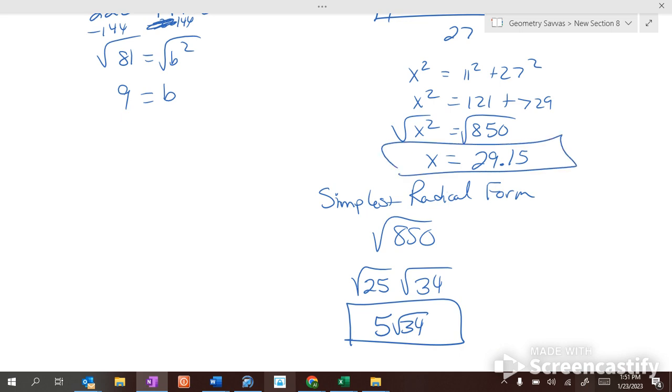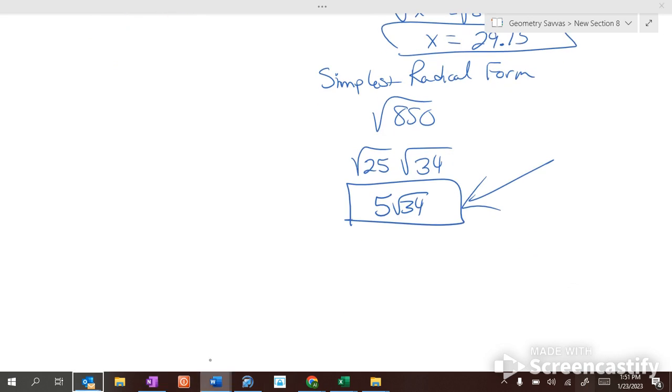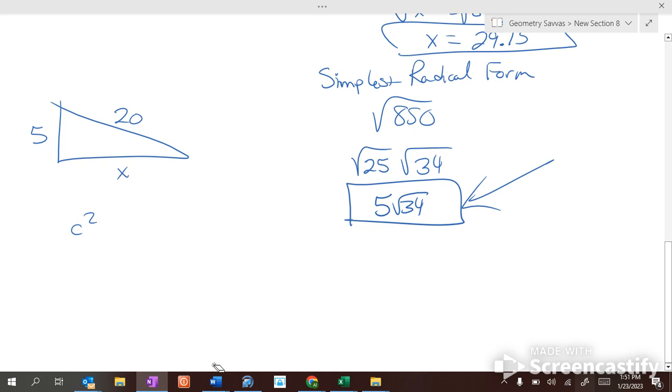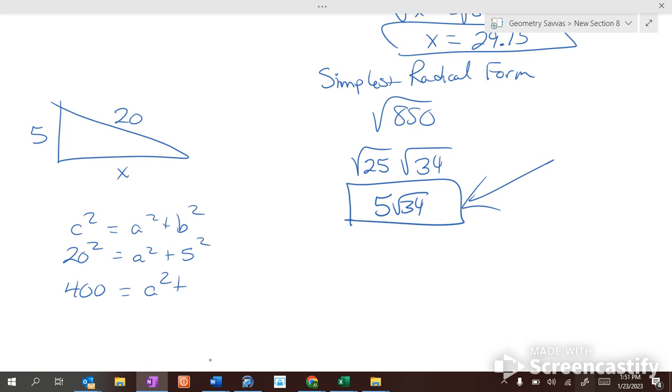So if it asks for a decimal, that's what it is. If it asks for simplest radical form, that's what that is. Let's do another one, simplest radical form. This is 20. This is 5. What is X here? How do I set it up? 20 squared is 400. 5 squared is?